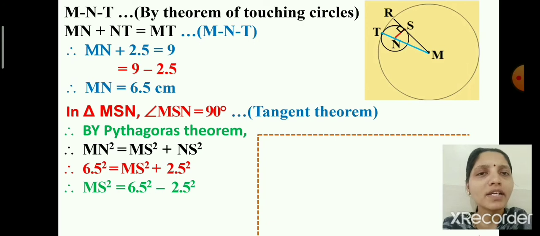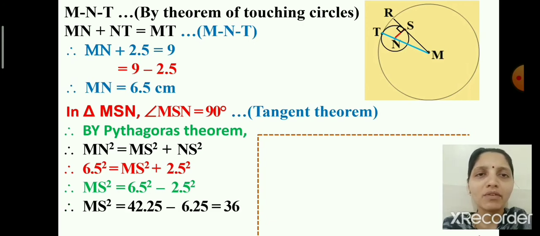Therefore MS square is equal to 6.5 square minus 2.5 square, that is 42.25 minus 6.25. So if you minus 6.25 from 42.25, you will get 36. Therefore, MS is equal to 6 centimeter.